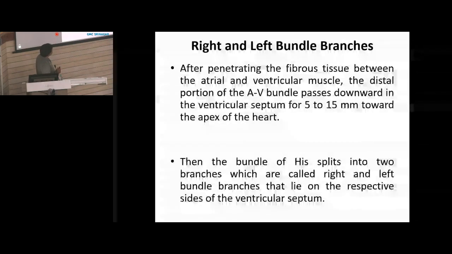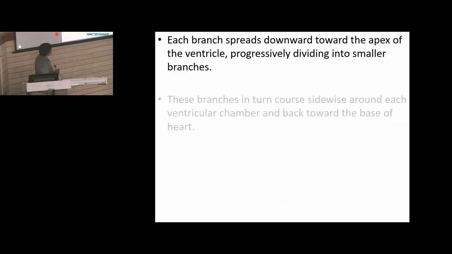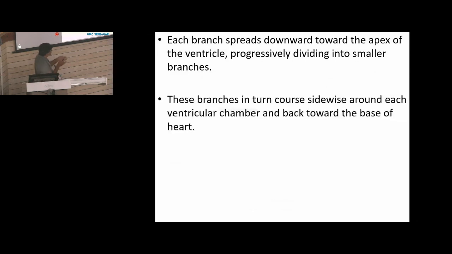Each branch spreads downwards towards the apex of the ventricle, progressively dividing into smaller branches. These branches in turn course sidewise around each ventricular chamber and back towards the base of the heart. Okay. So this is the right bundle branch, the left bundle branch. It is going down towards the apex, and from the apex it moves above through the ventricles towards the base of the heart, the Purkinje network.